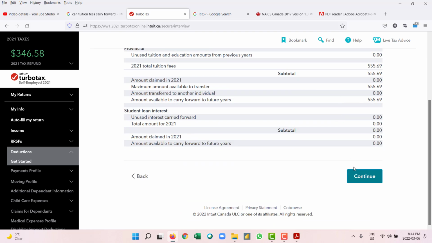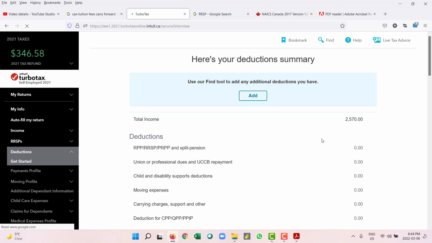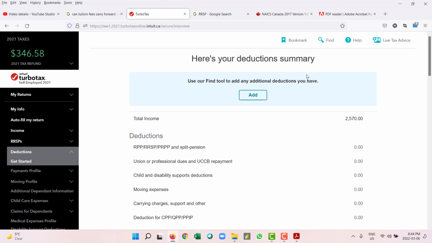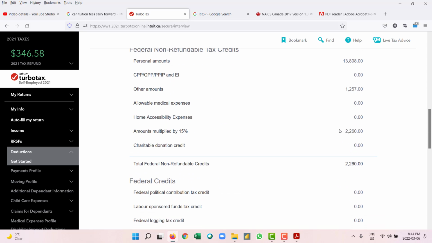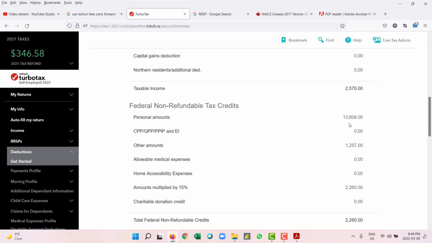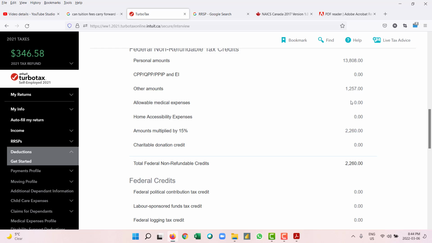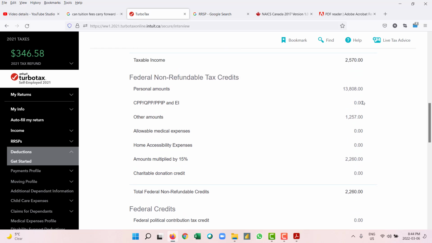The student summary. Just click continue. There is your deduction amount 2570, net income, federal non-refundable tax credit 13,808, and other amounts.